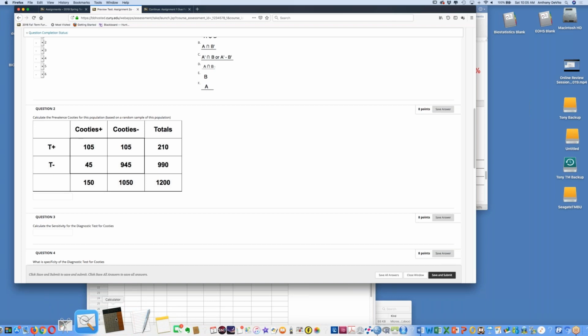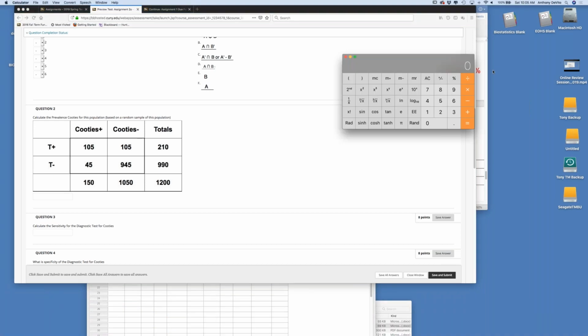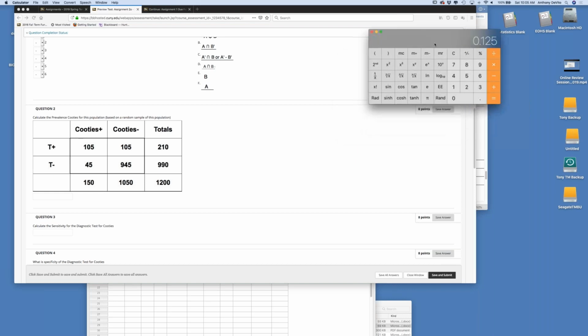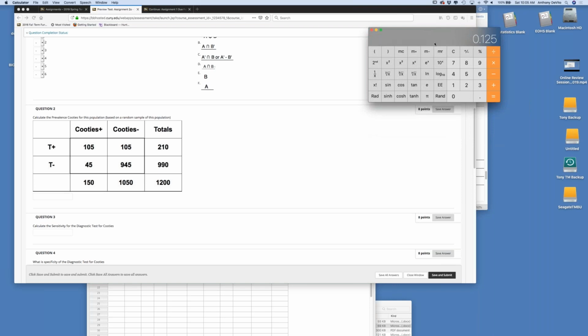Let's see, 12.5%. It's 150 divided by 1200, which is equal to 1/8, 12.5%, the prevalence in this population.